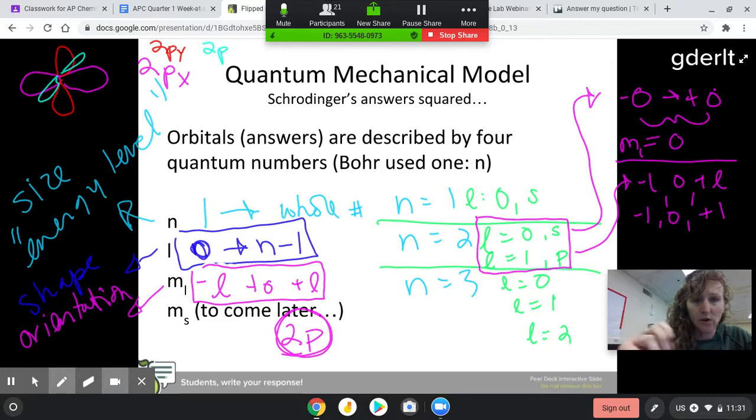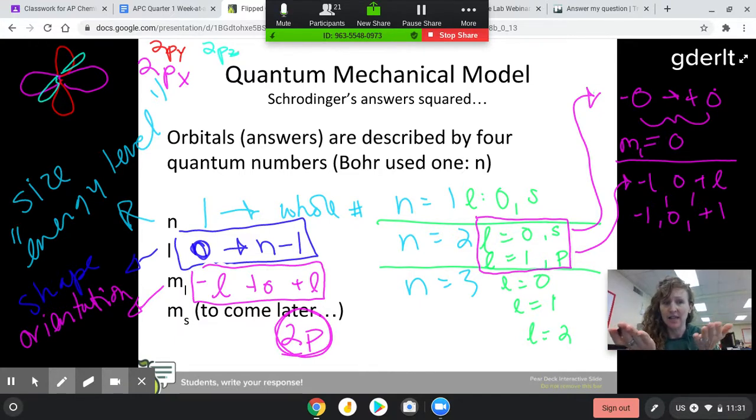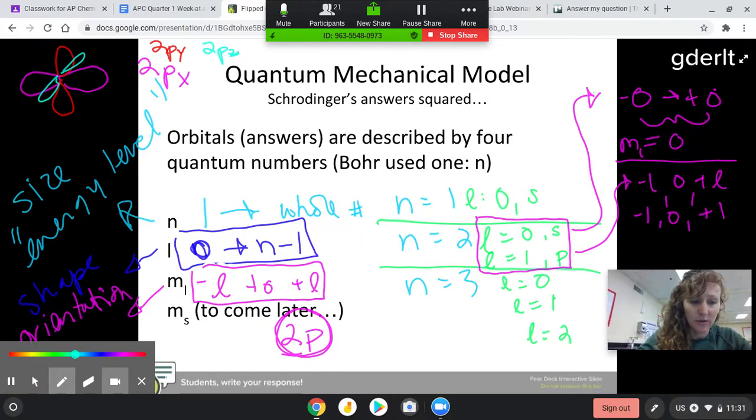2pz orbital. So same size, same shape, different orientation. And this is an orbital, one orbital. So the difference between an orbital and an energy level is the energy level contains all the shapes inside that energy level. It would contain 3 different p orbitals as well as an s orbital, right?